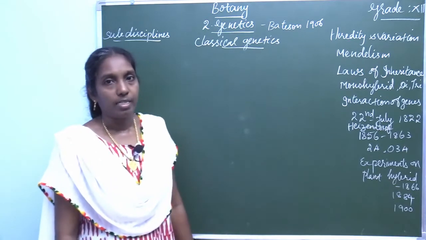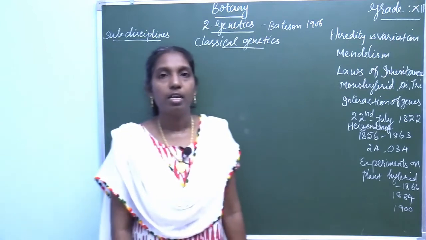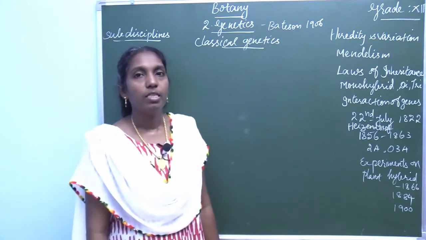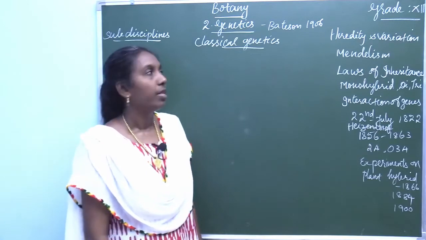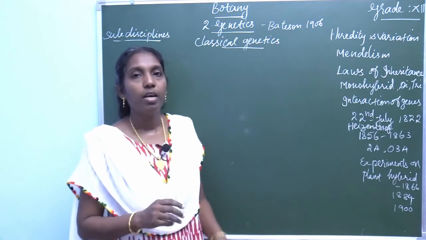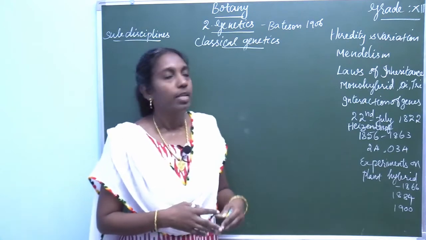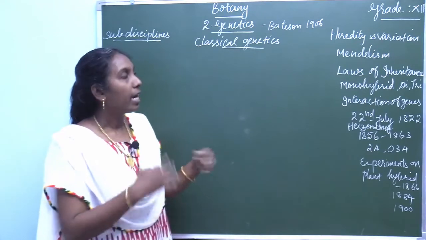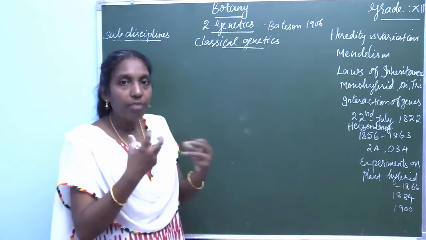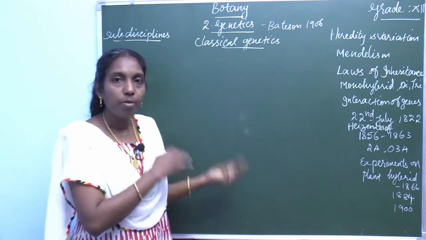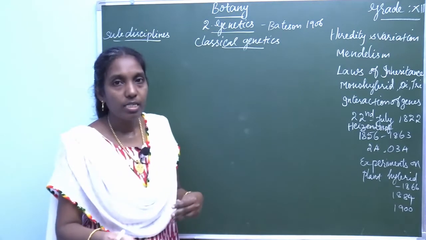What is genetics? Genetics is the branch of science which deals with heredity or inheritance. So, it's the science of heredity, or it may be defined as how living things receive their characters from parent to offspring.